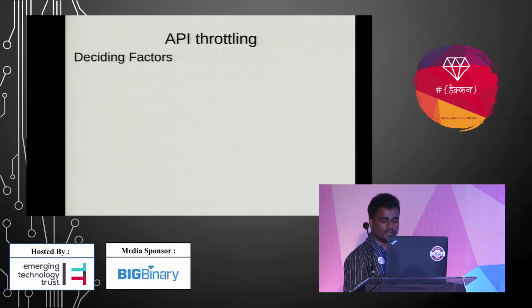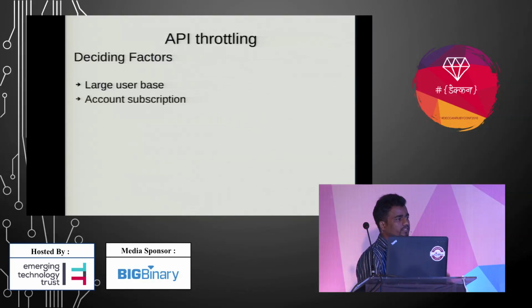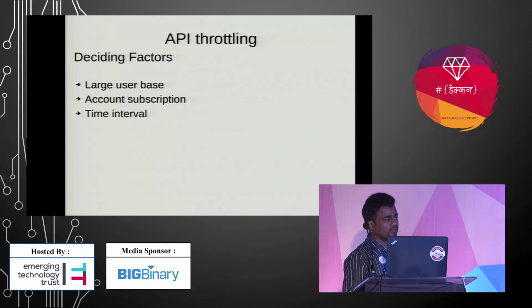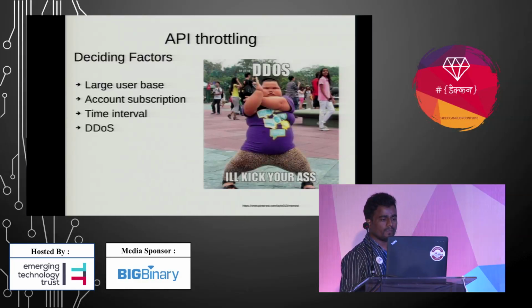First deciding factor is when you have a large user base application, and second, you want to control your request traffic depending on criteria like account subscription or time interval, like request limits per hour, per month, per second, per minute. And the most important is you want to prevent your APIs from attacks like DDoS or brute force.